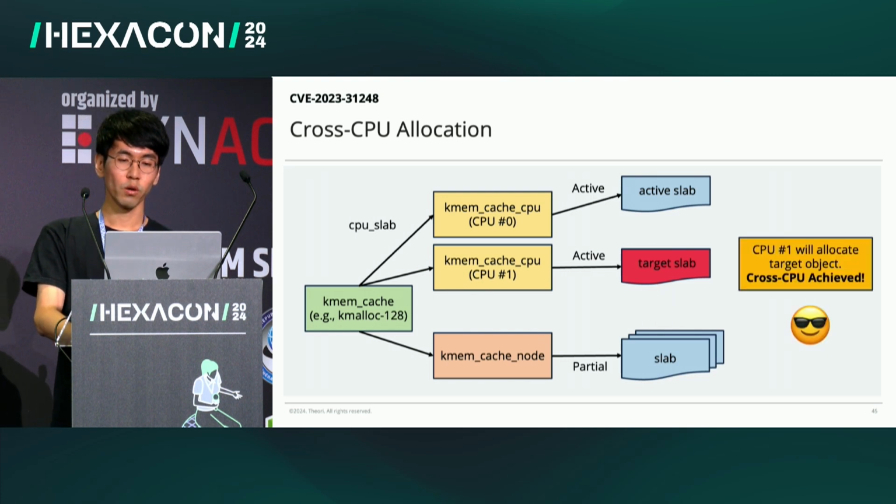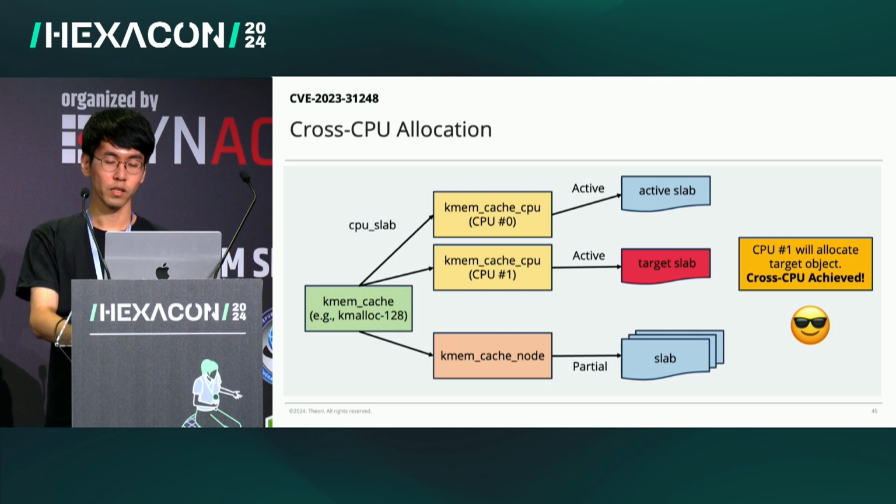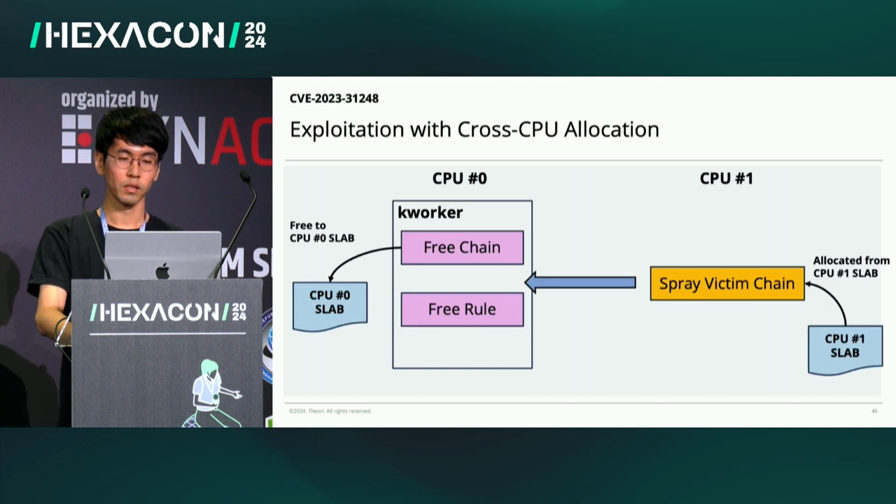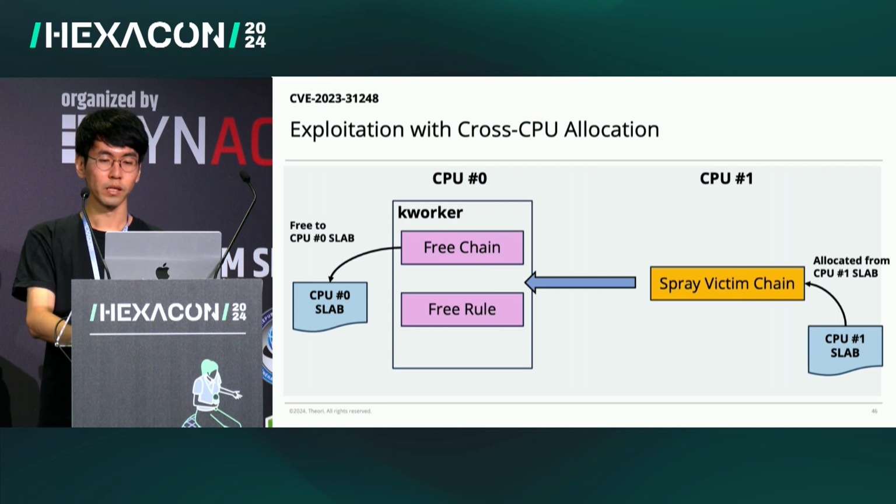Finally, if we allocate an object from CPU 1, the UAF object will be allocated from the target CPU's per-CPU slab, which means that a cross-CPU allocation is achieved. Now, we can reallocate an object on CPU 1 that was freed on CPU 0. So it looks like we can now exploit using this technique.